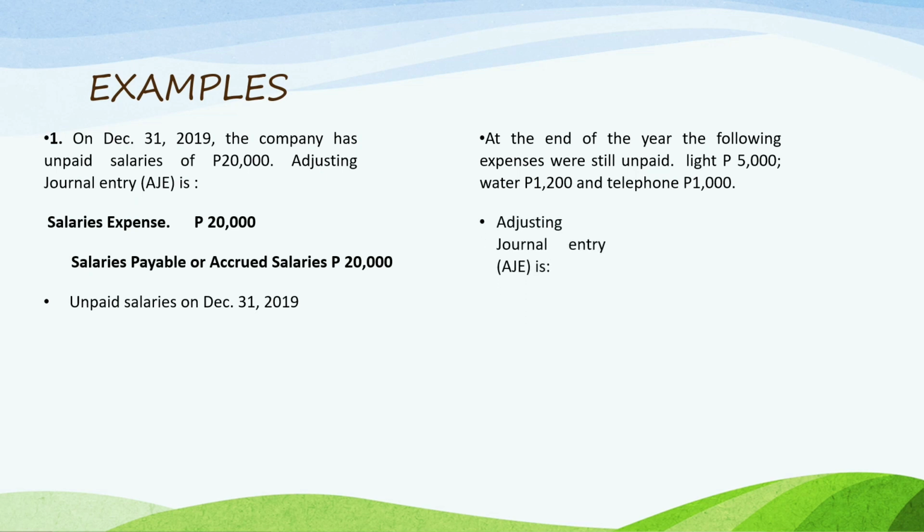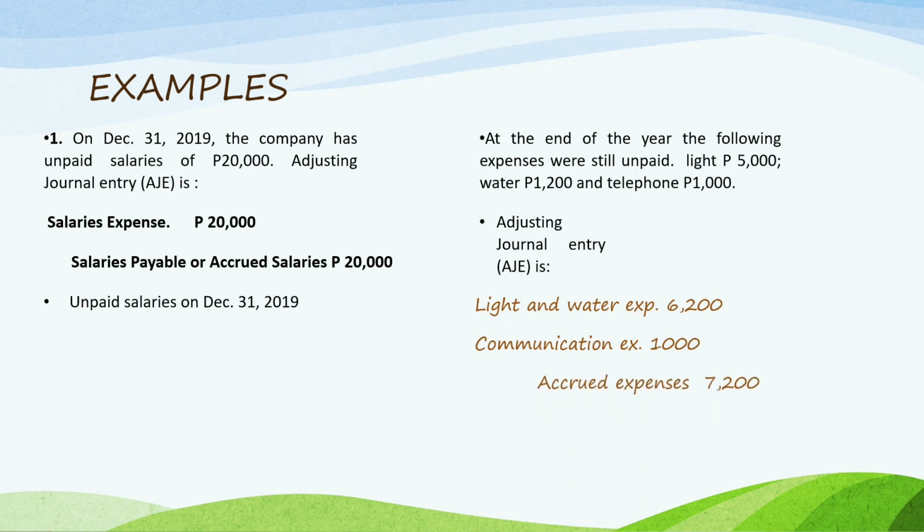The adjusting journal entry for this unpaid light and water is debit light and water expense 6,200, communication expense 1,000 for the telephone, and credit accrued expenses 7,200.